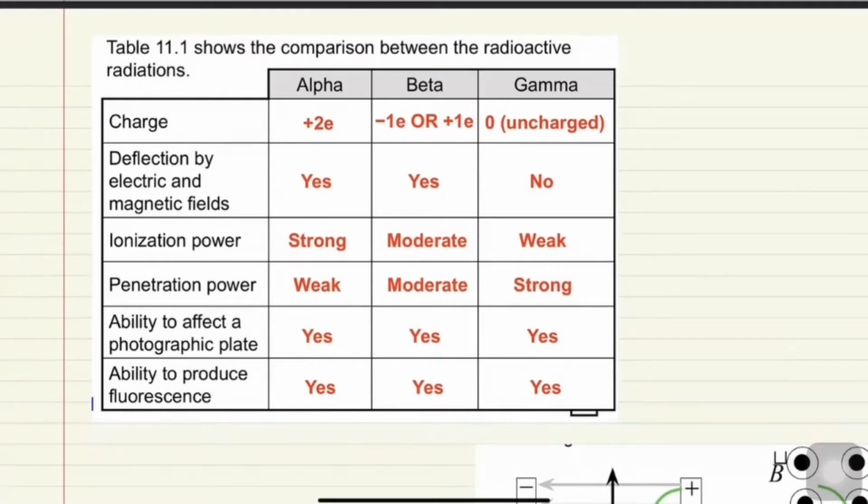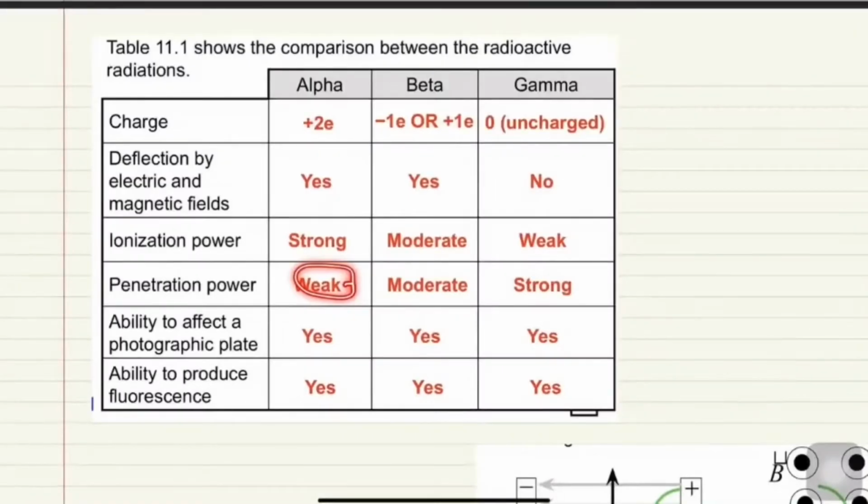So kalau yang alpha dengan beta ada charge, so dia akan deflected lah. Kalau yang gamma tak ada. Lepas tu in terms of ionization power, yang paling strongest adalah alpha. Tapi yang alpha ni paling penetration power dia tu paling kurang. Dia susah nak tembus benda lah. So basically kalau kamu ada dinding, biasanya dia dah terhalang daripada alpha particle.